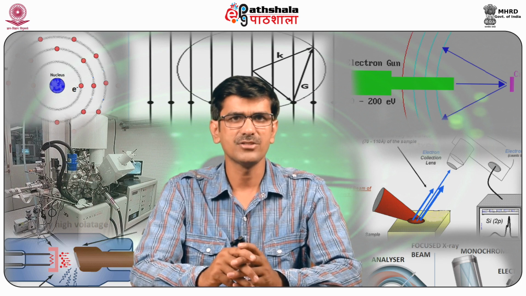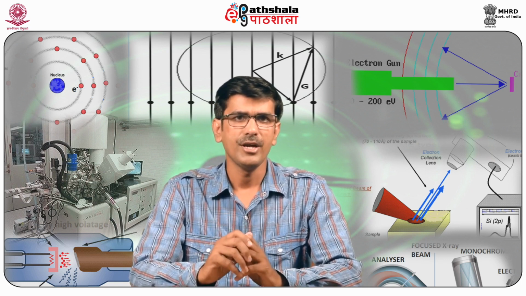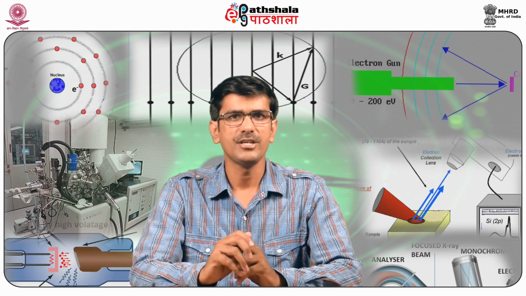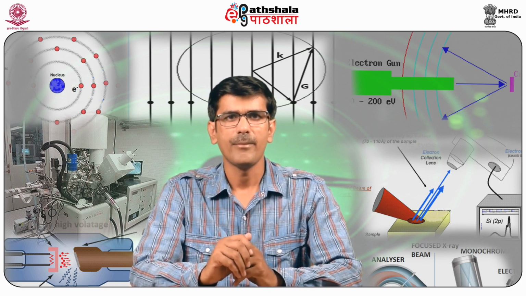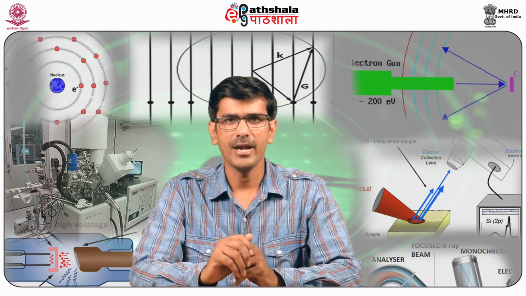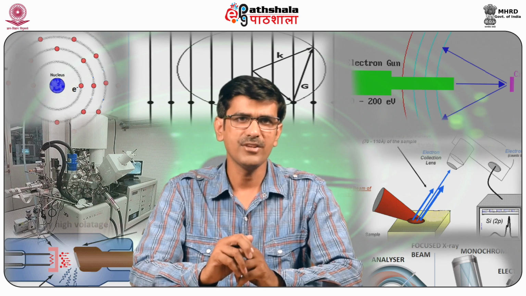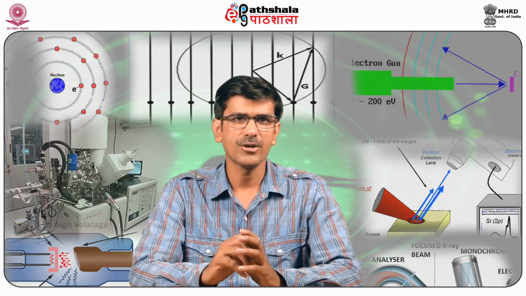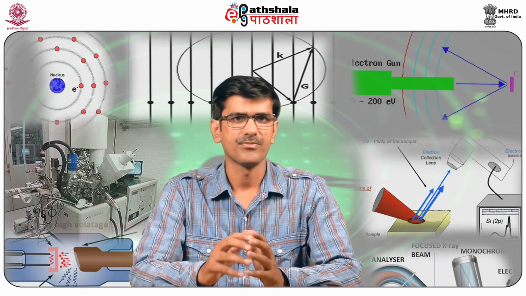Bragg's diffraction occurs when radiation with wavelength comparable to the interatomic spacing is scattered in a specular fashion by atoms of the crystal system and undergoes constructive interference. The path difference between two waves undergoing interference is given by 2d sin theta.